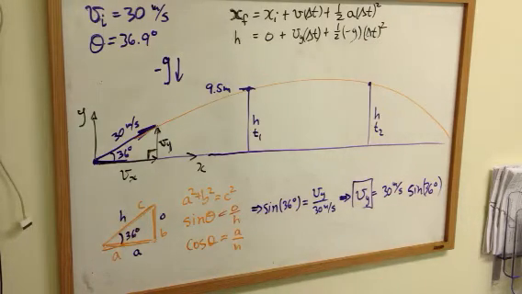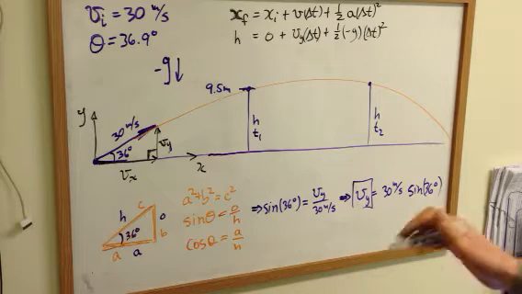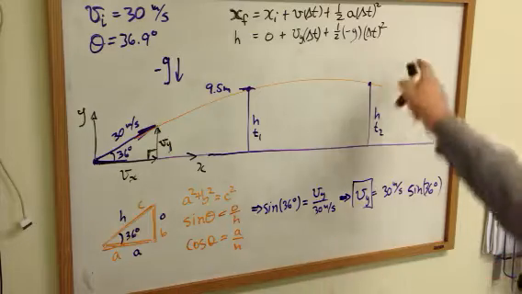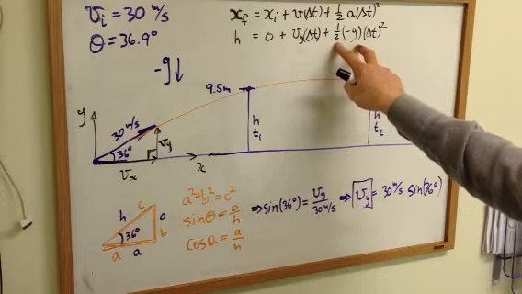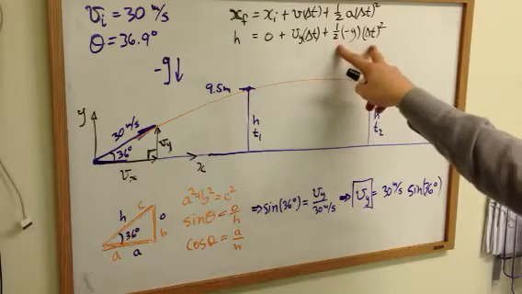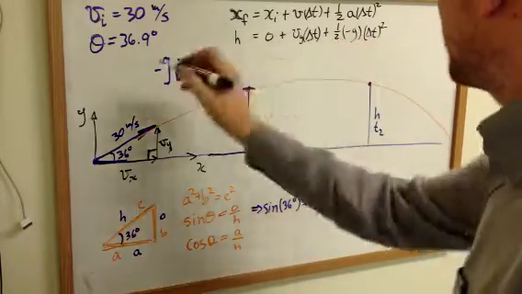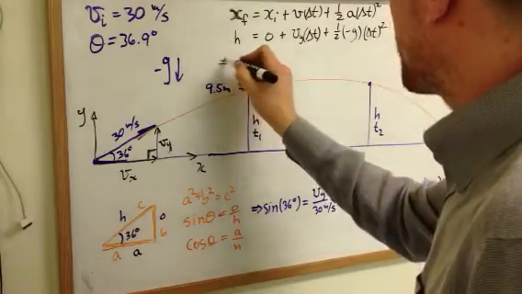That's a quadratic. Just to make that explicit, I'm going to bring this to the right because this is negative. I'm going to send it over.